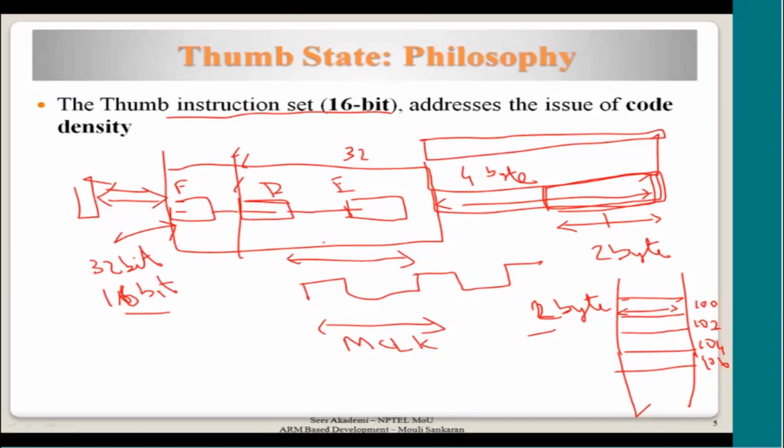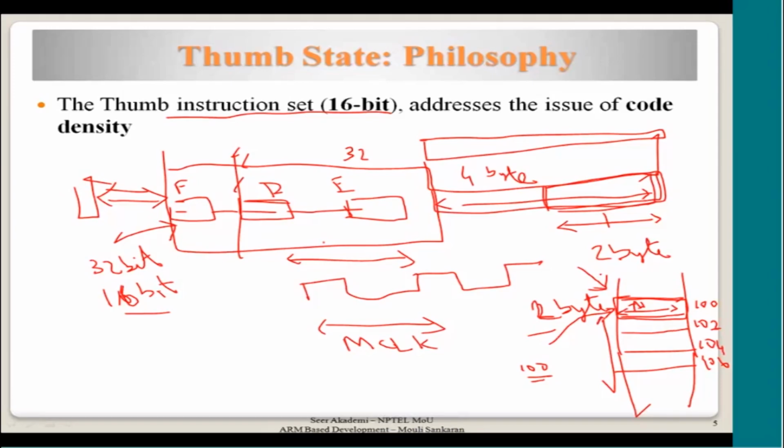When we say thumb mode code, the ARM is executing in thumb state, starting from 100. Instead of ARM instructions, thumb instructions are filled in. Who has filled it? It is the ARM's tool chain, with the programmer's input saying that from address 100 thumb instructions are to be filled.